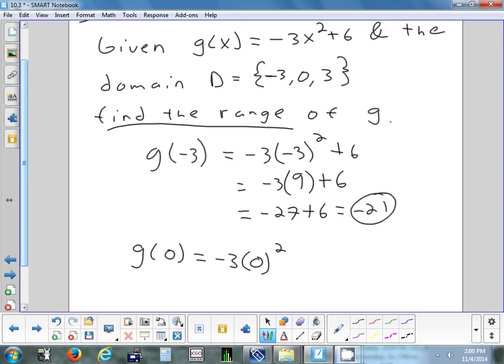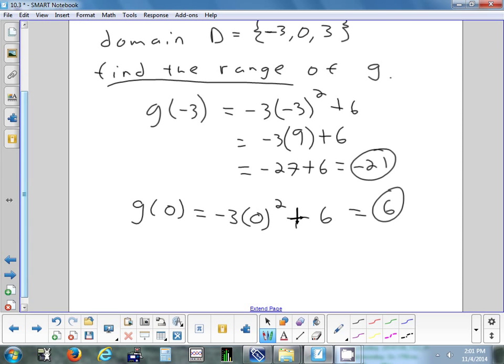And then what else do we have to add? Plus 6. What's 0 squared? 0. What's 0 times negative 3? 0. And then 0 plus 6? 6. Okay, what's the last value we need to find?